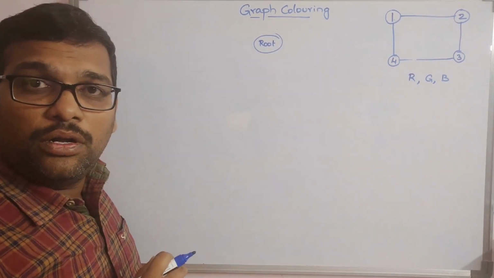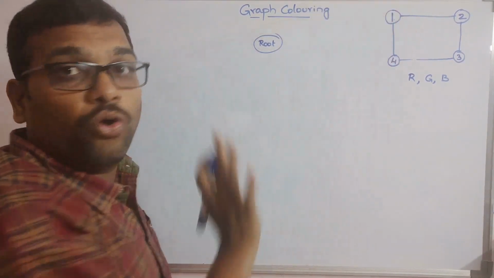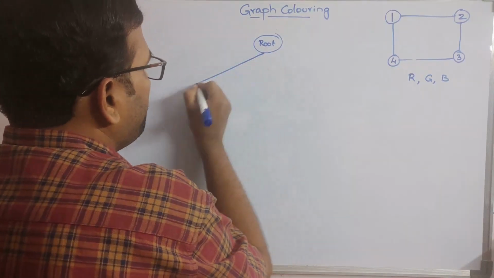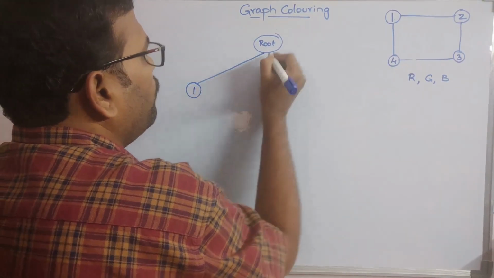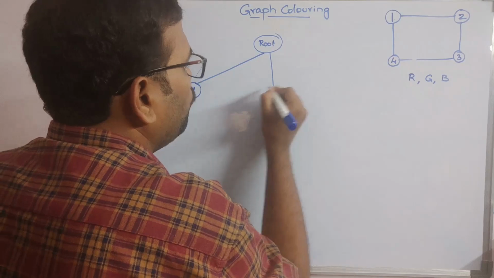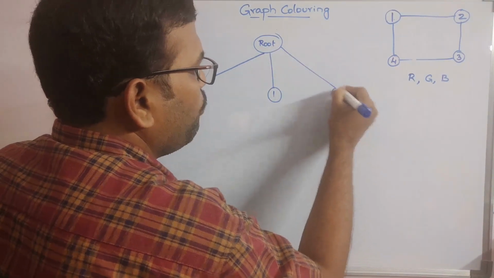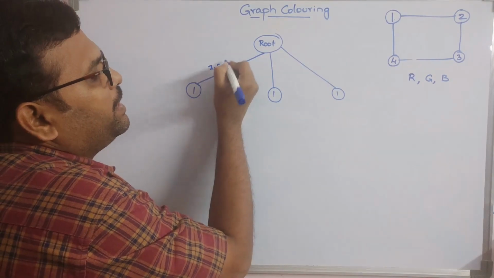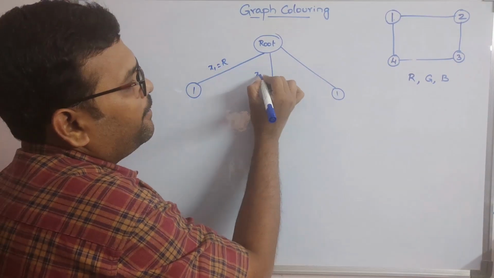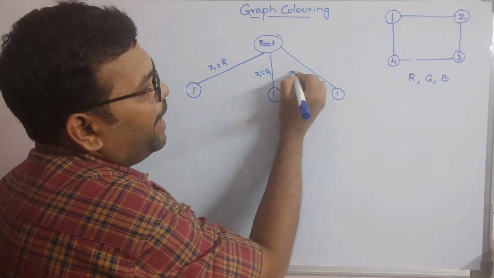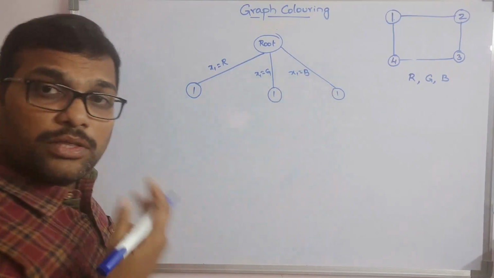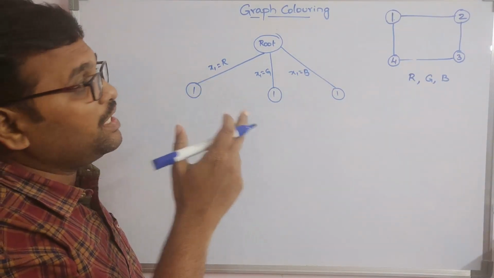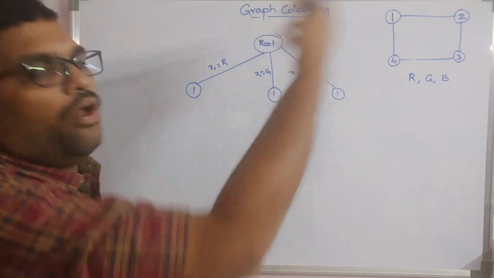From this root node, first we have to fill node 1, and we fill it with red, green or blue. So there are 3 possibilities, and we can fill the first region with either red, green or blue.